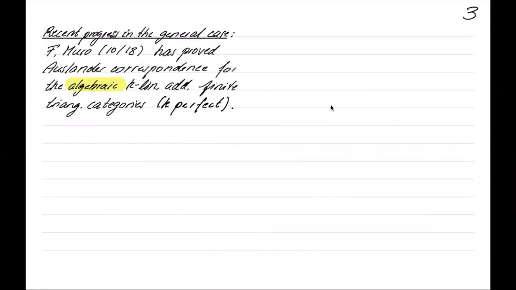He proved Auslander correspondence for the algebraic K-linear additively finite categories over an arbitrary perfect field K. So he described exactly the image under the functor taking a category to its Auslander algebra. He described the image of the class of algebraic K-linear additively finite triangulated categories. So I will come back to this later.